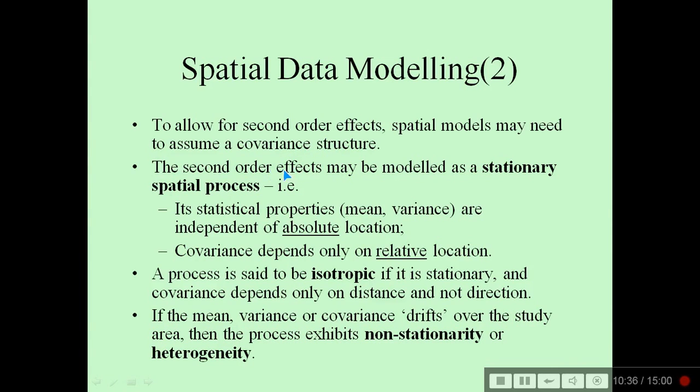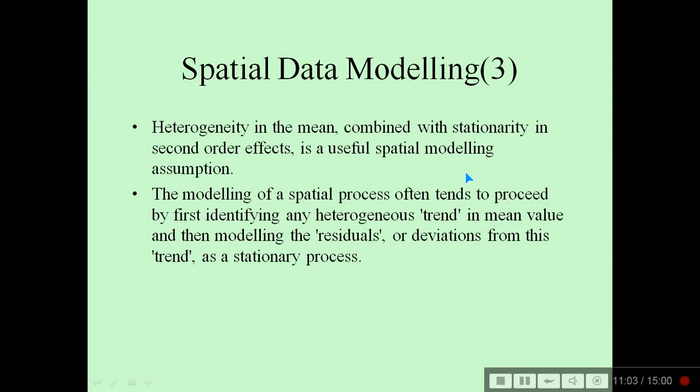The second order effects may be modeled as a stationary spatial process, that is, its statistical properties, mean and variance, are independent of absolute location, and covariance depends only on relative location. The process is said to be isotropic if it is stationary, and covariance depends only on distance and not direction. So if the mean, variance and covariance drift over the study area, then the process exhibits non-stationarity or heterogeneity.